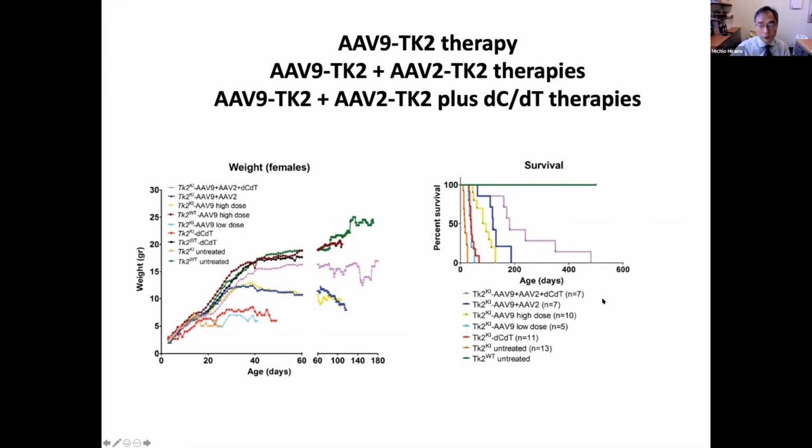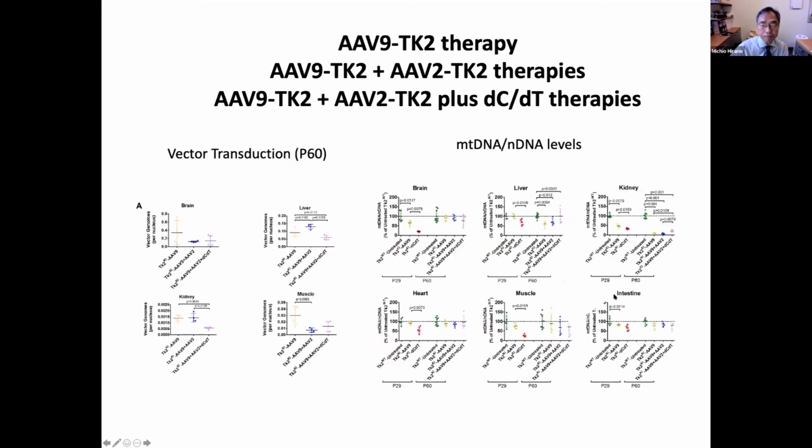So we're very excited about the use of both the gene therapy in combination with the pharmacological therapy to enhance the lives of these mice, and hopefully translate that into people as well. And this is just to show that, again, the transduction was not great in kidney, but with the combination therapy, we see a slight improvement of the mitochondrial DNA, which may be enabling the kidneys to function a little bit better for a more prolonged time.